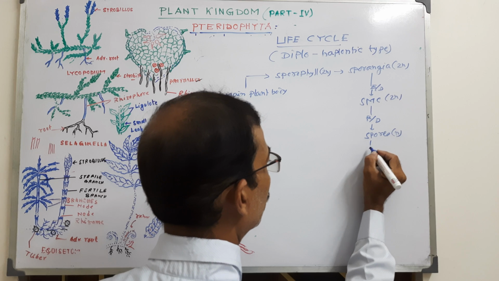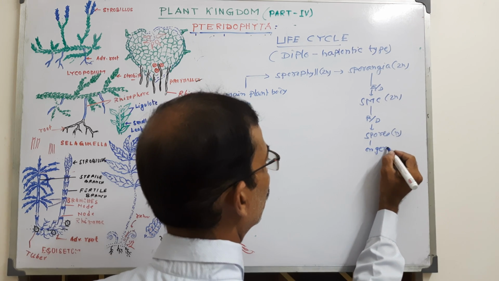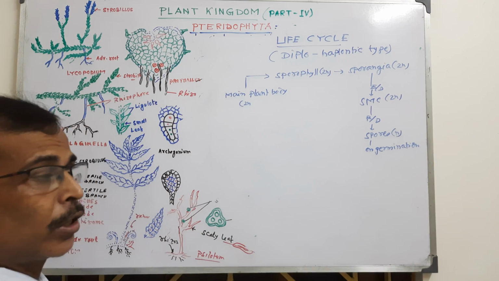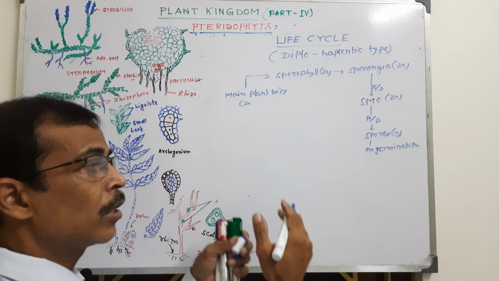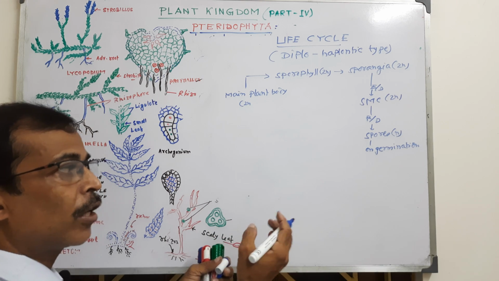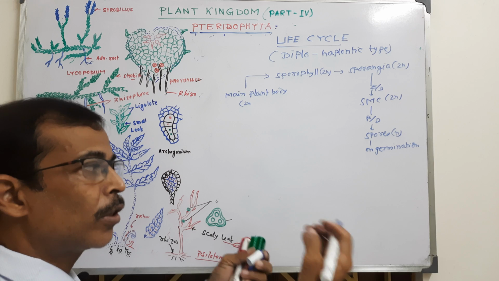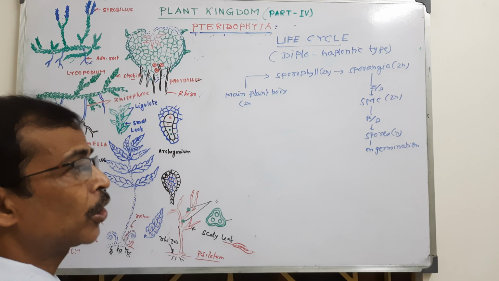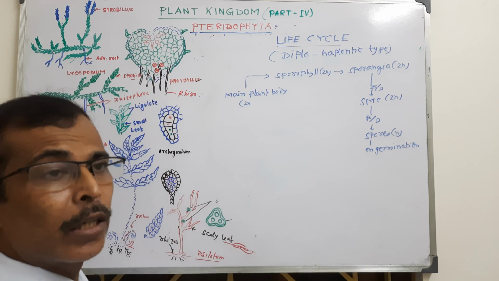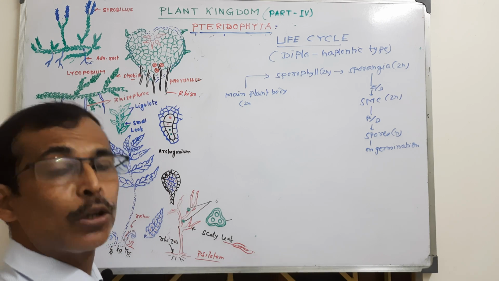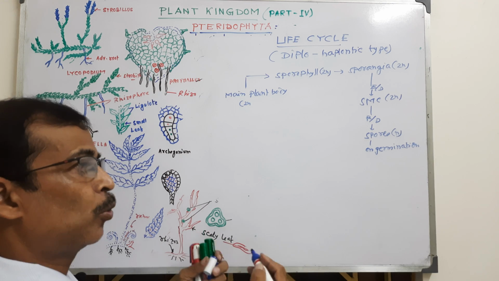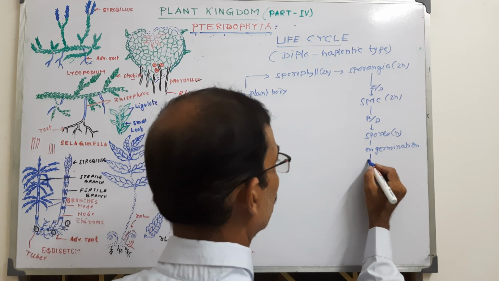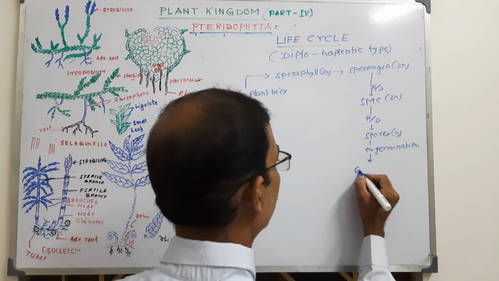Okay, these spores on germination, look here, germination is of two types, exosporic or endosporic. Mostly exosporic, that is, after bursting of the sporangia, spores come out and germinate on the soil. This is called exosporic, but in Selaginella it is partially endosporic. In higher plants the spore germination is endosporic, but in lower plants it is exosporic. On germination they produce gametophyte.